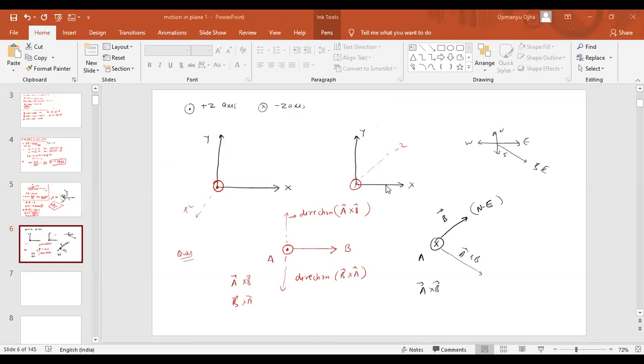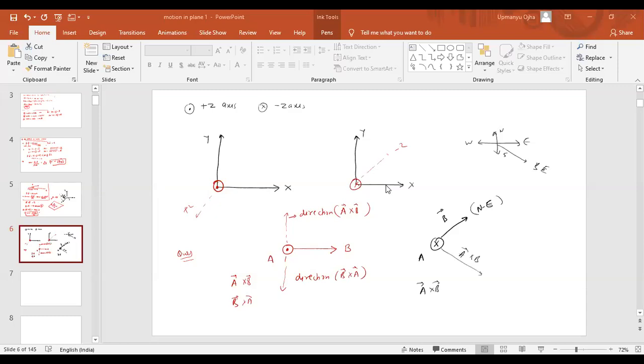Okay, see. If you look at the last question which I have done, A cross B. Where is your A vector? The A vector is inside the plane. Can you see my right hand? Where do I have to rotate the A vector? Towards the B vector.